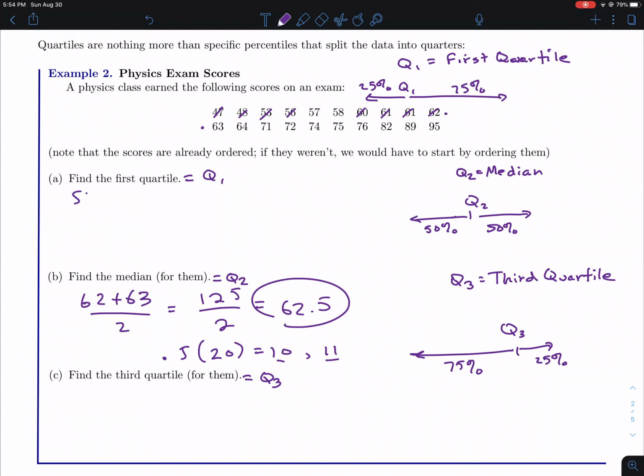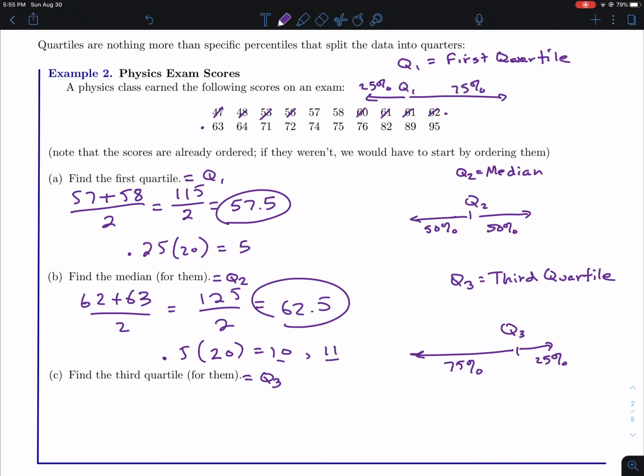So just like for the median, I would do the same thing, add 57 plus 58. That gives me 115. Divide by 2 gives me 57.5. Or if I wanted to use that percentile method, I would do 0.25 times 20, which would give me 5.